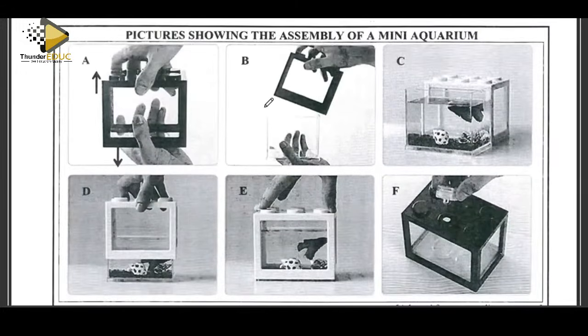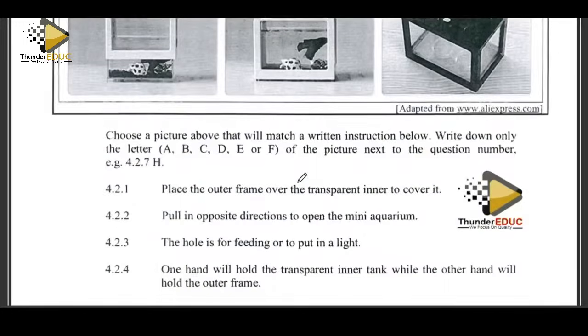We have instructions A, B, C, D. Mainly, which step will be number one? The one with fewer items. Usually it starts as number one, and the one towards the end is the one that has more items in the picture. Anyway, let's look at the question and see what happens here.